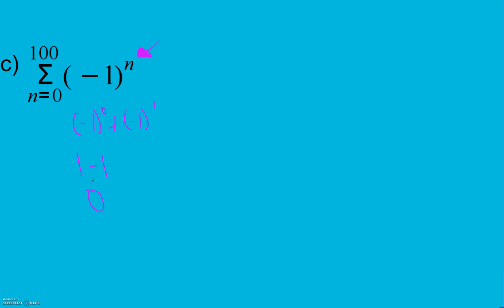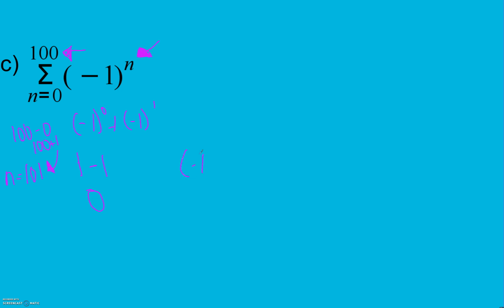So what we really need to look at here, guys, is every 2 are going to add up to 0. So we really just need to look at, since we're going to have n 101 times, remember 100 minus 0 plus 1 gives me 101. We really just need to look at what the last number is going to be. And our last term is going to be 100.